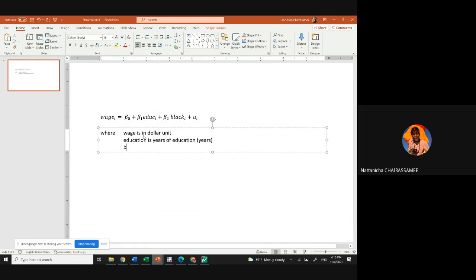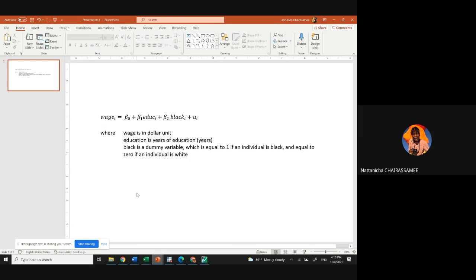And then black here is a dummy variable, equal to 1 if an individual is black. So answer my question, just interpret your coefficients.